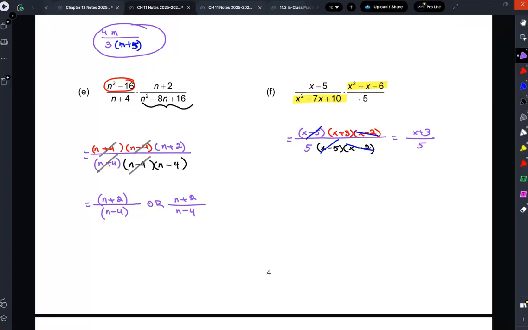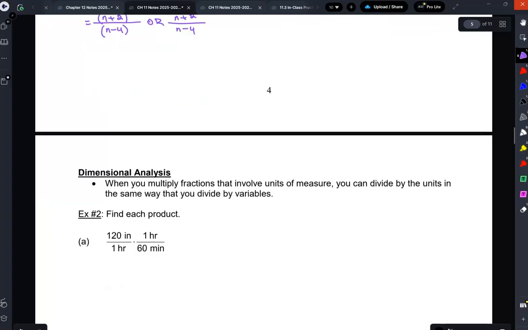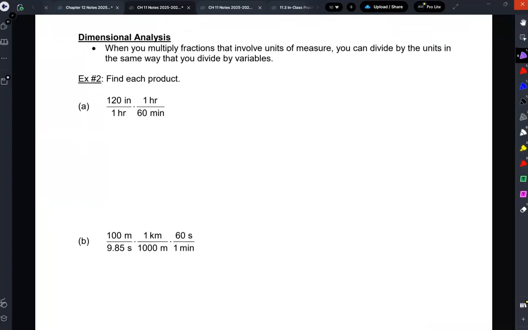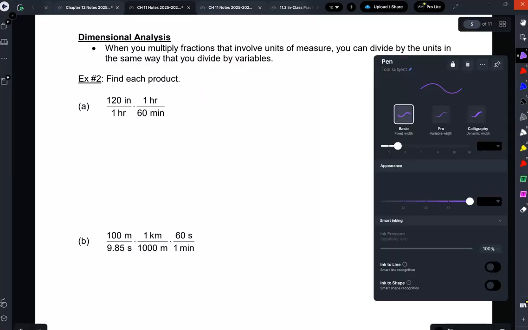Now, this is very useful when we are doing dimensional analysis like you do in science. So if you're multiplying one quantity like a speed, which is in like feet per minute, but then you have to change it to, let's say, meters per second, okay? So here we go. I have two quantities that I'm multiplying with different units. What we're going to do is the same thing.